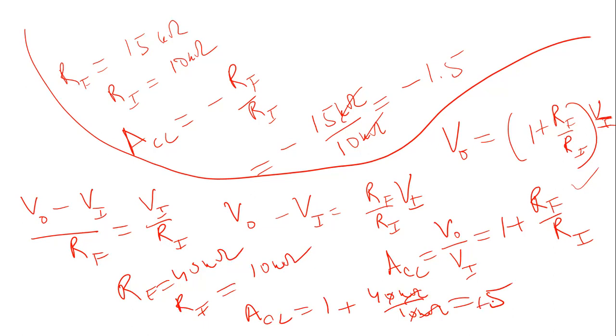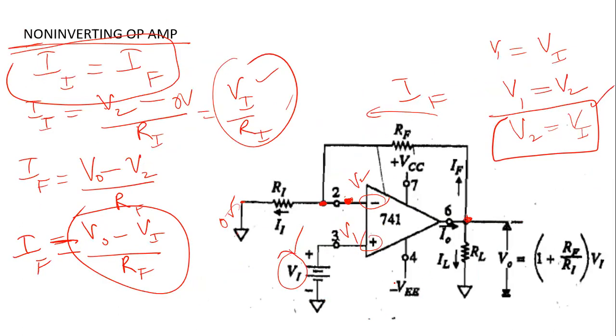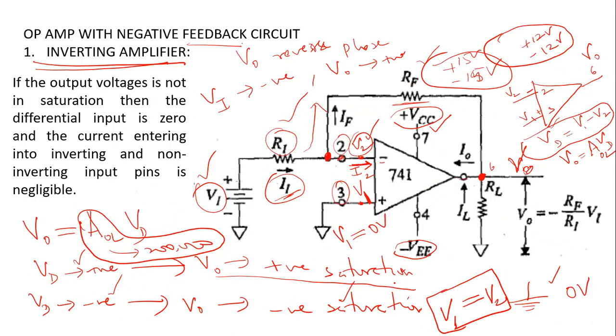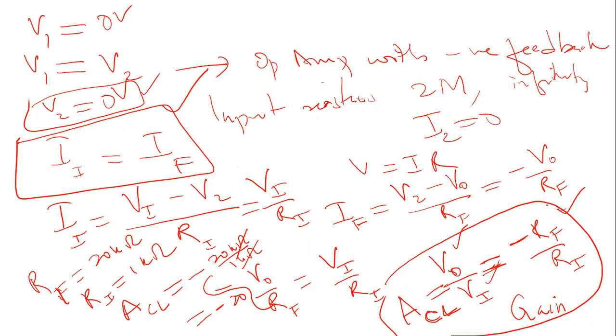So in this non-inverting amplifier configuration, the closed loop gain is always positive, plus 5. The difference from the inverting configuration is that in the inverting amplifier, the gain has a minus sign, so the input voltage is flipped at the output.